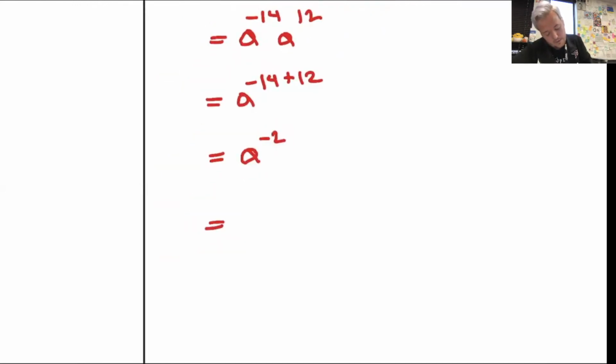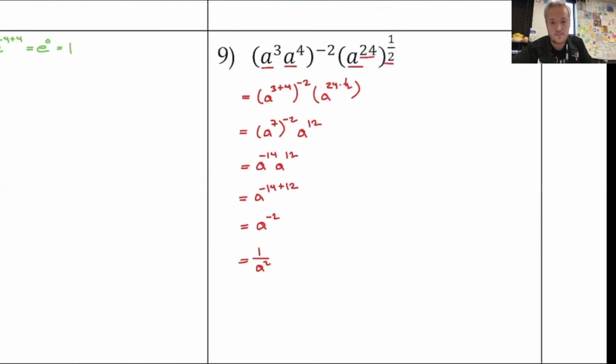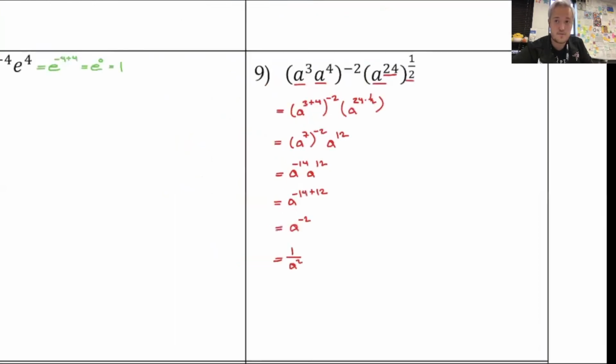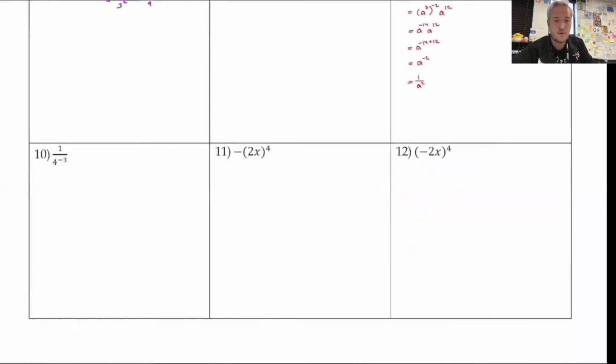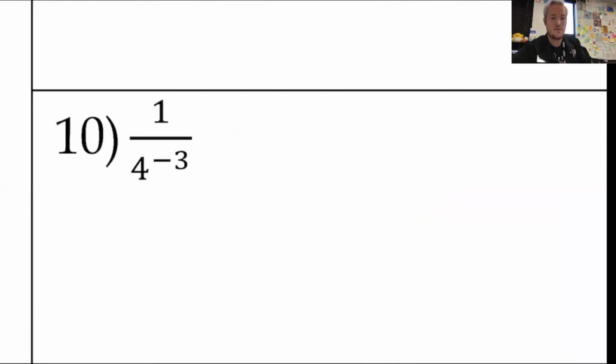And then negative exponents tell me you have to flip it over. So 1 over a squared is going to be your final answer. So your final answer cannot have any negative exponents. All right. And then down here, all right, so 4 to the negative 3rd power is in the denominator.